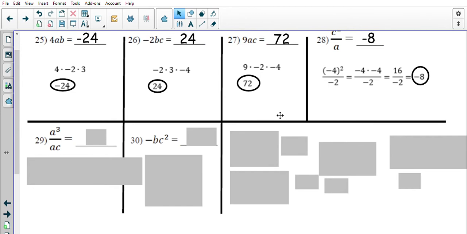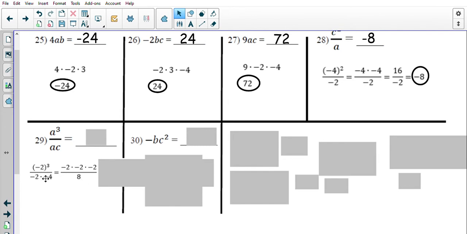Number 29, a to the third power over ac. And I know up here is where we have what those values are. But replace a with -2. Put it in parentheses since the base is negative. On the bottom we have ac, so that's -2 times -4. -2 to the third power I wrote as -2 times -2 times -2.